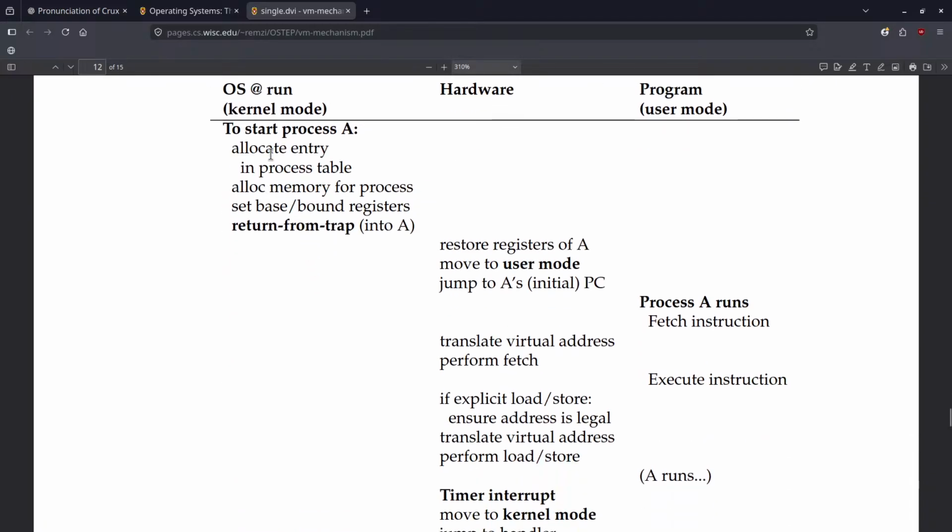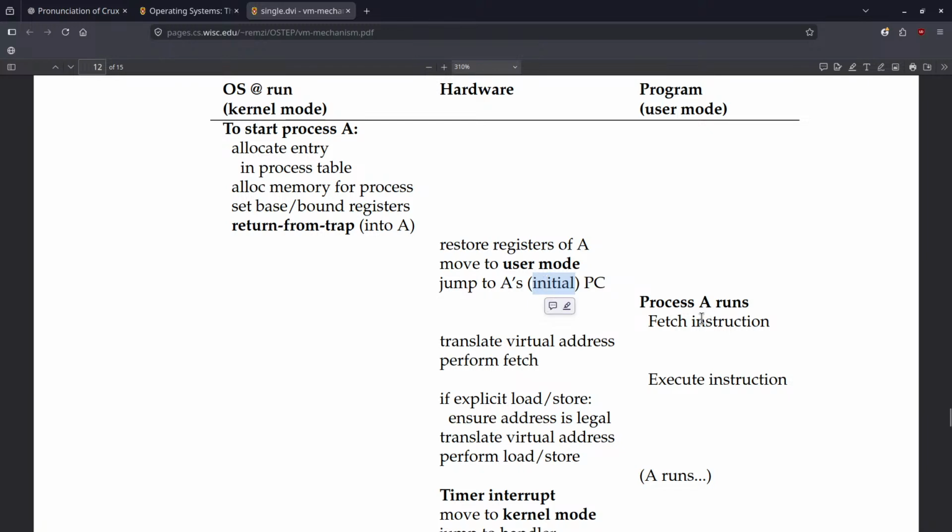To start a process A, allocate an entry in the process table, allocate memory for the process, set base, return from trap into A. Store registers of A, move to user mode, jump to A's initial PC.